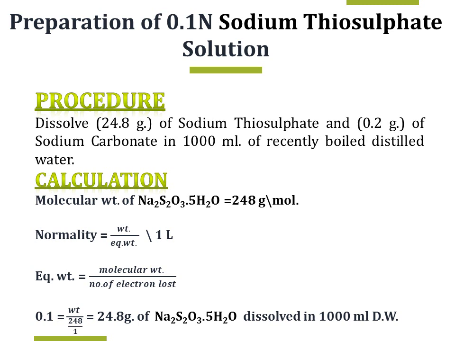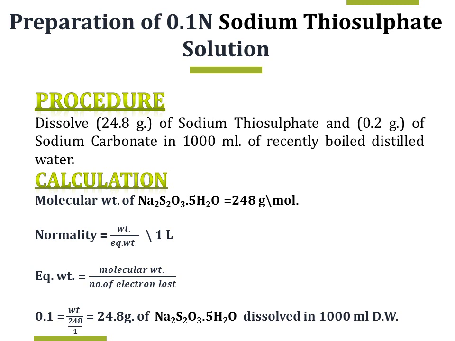2 points to be concerned in the preparation of standard solution of sodium thiosulfate. The first one, sodium thiosulfate dissolved in a recently boiled distilled water, because CO2 from atmosphere dissolved in H2O and form carbonic acid. Sodium thiosulfate unstable under acidic pH conditions, causing the sodium thiosulfate to decompose into sulfur dioxide and sulfur.